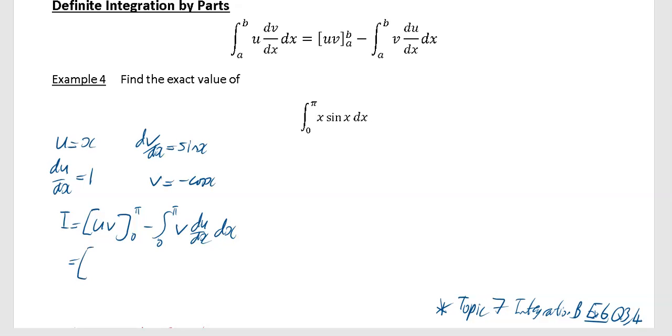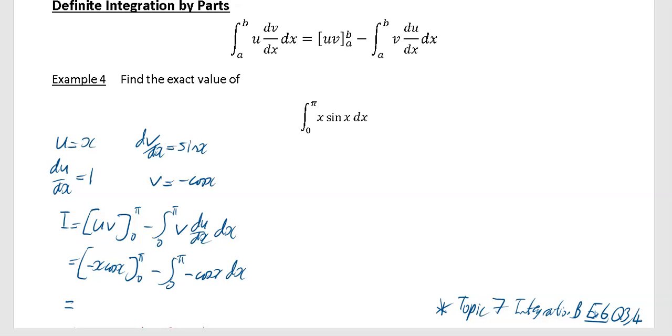My u was equal to x, my v was minus cos x, so that's minus x cos x, and that's between 0 and pi, and then it's going to be minus the integral from 0 to pi of v, which was minus cos x, times my du by dx, which is 1, so that's just minus cos x dx.